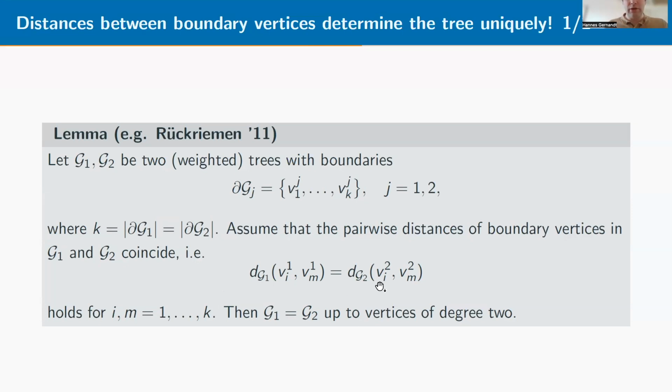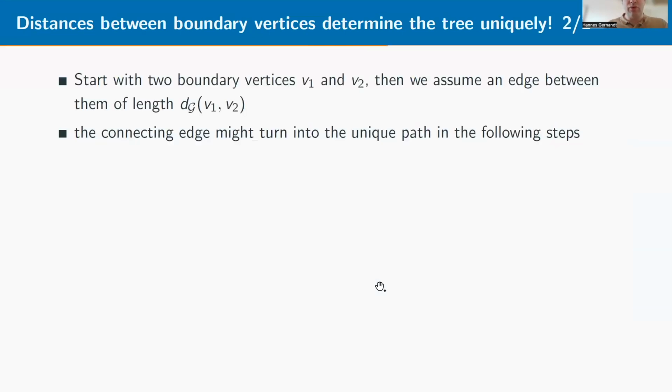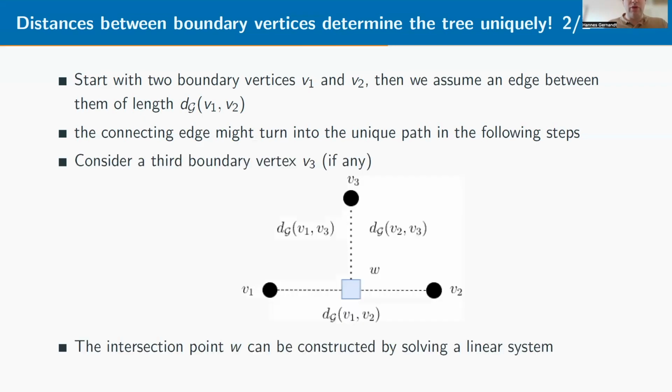Let me briefly sketch the proof. So the idea is that you just pick two boundary vertices and we assume that there is an edge of length the distance between the two vertices. Yeah, and somehow in the process, this edge might be replaced by some path between the boundary vertices, because actually there's no edge, but we think of it like that for the moment.